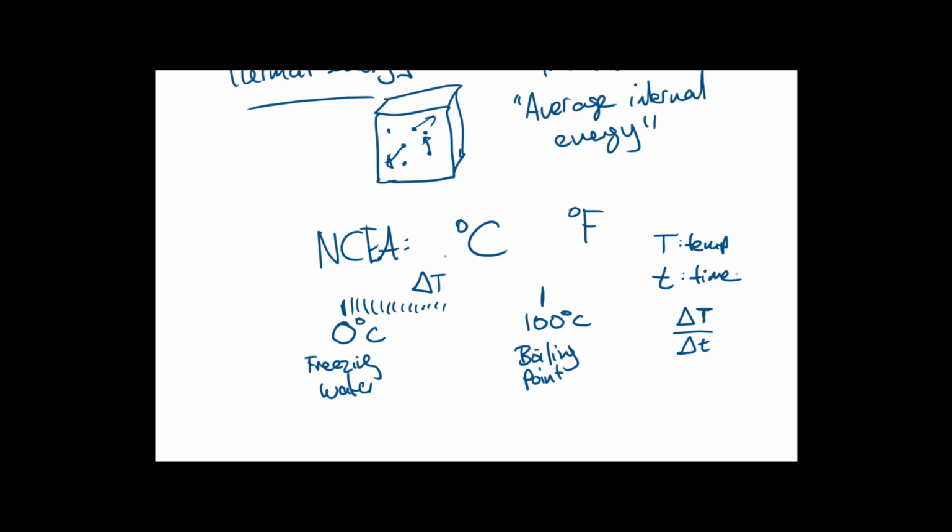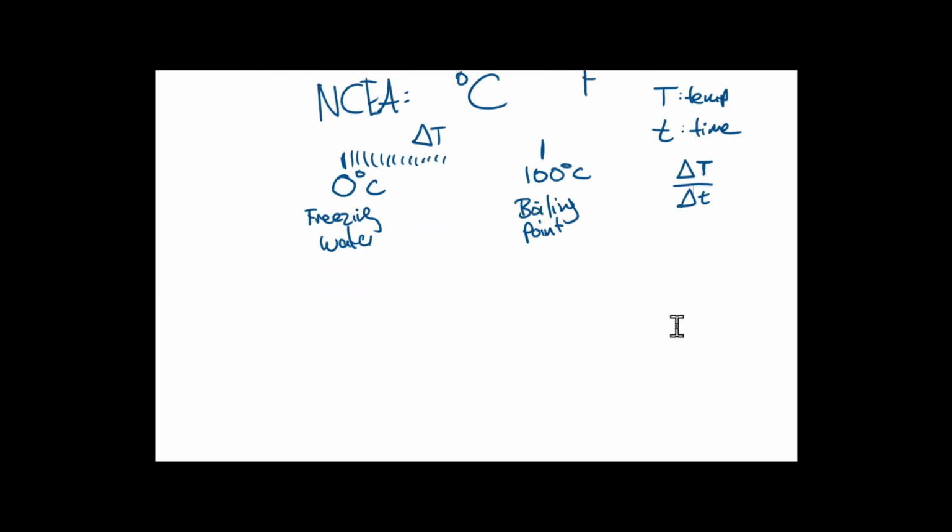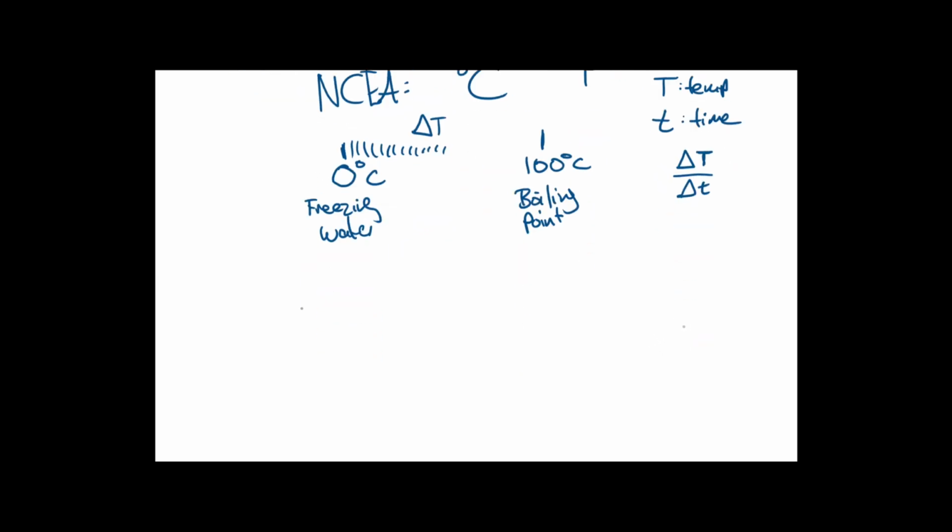So this is the scale that we're going to use in this curriculum. From next year, you'll be using the Kelvin scale, which is the SI unit for temperature. And what the Kelvin scale does, it takes 0 degrees Kelvin is what's called absolute zero.